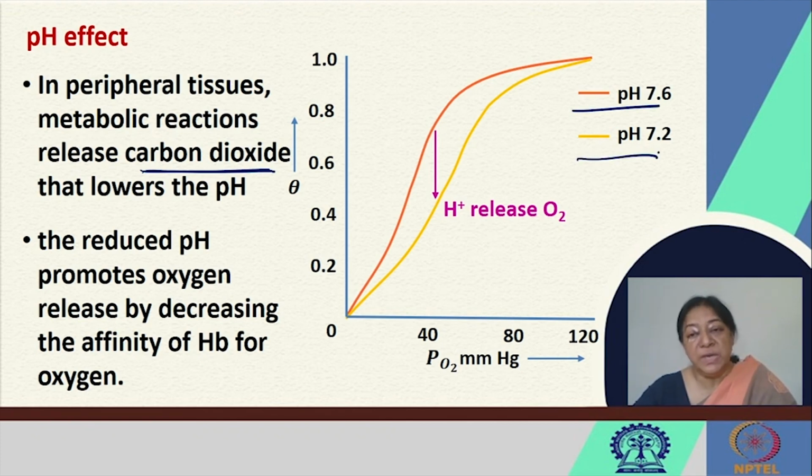So the lower pH, that is pH 7.2 shown here, we know that physiological pH is 7.4. If the pH drops by just 0.2 units to 7.2, this is enough to decrease the affinity of hemoglobin for oxygen, and so this would release oxygen at the peripheral tissues where there are metabolic reactions going on.